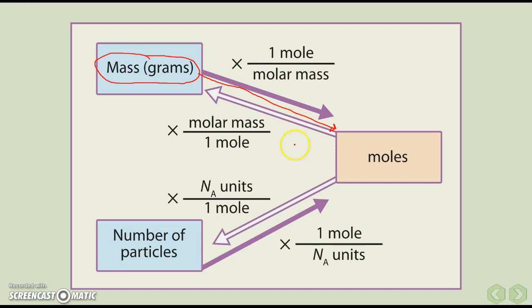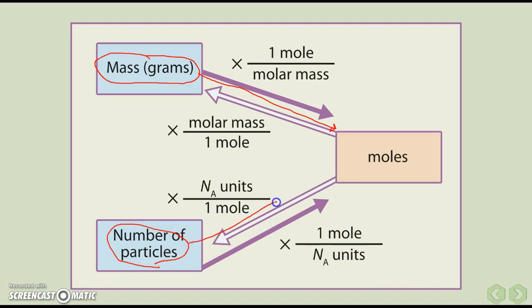because there's a direct relationship between them. I can also, if I'm starting out with my number of particles, so let's say I have 7.2 times 10 to the 24th atoms of iron, how many moles is that?